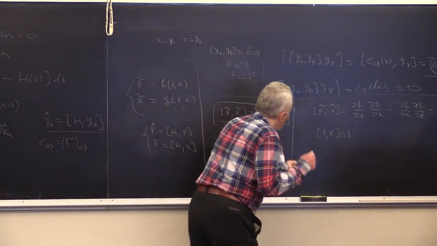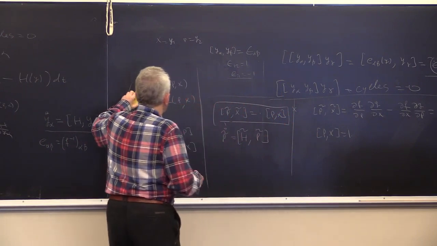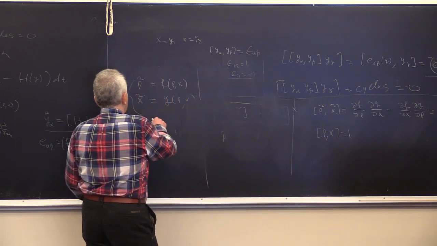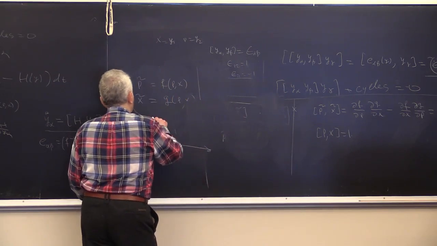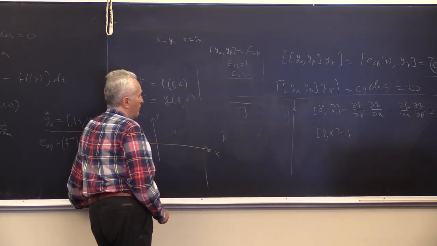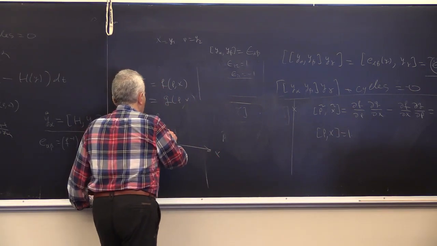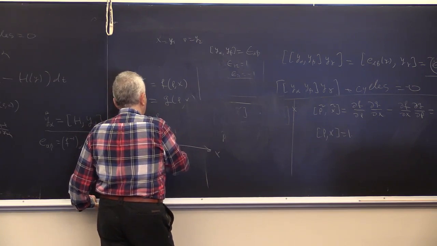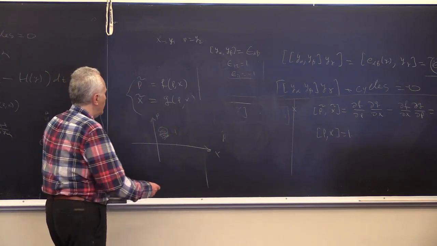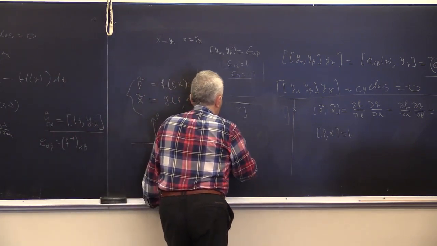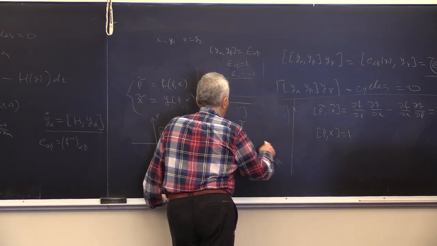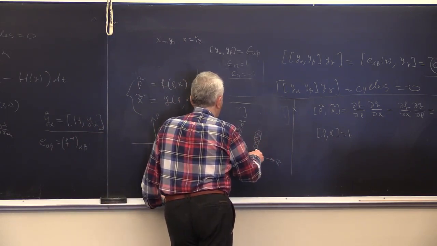So let me explain a little bit. We have the phase space. And let's suppose that we have some domain in the phase space. When we make this transformation, this domain in new coordinates will be something different.